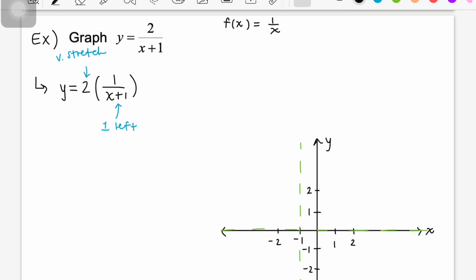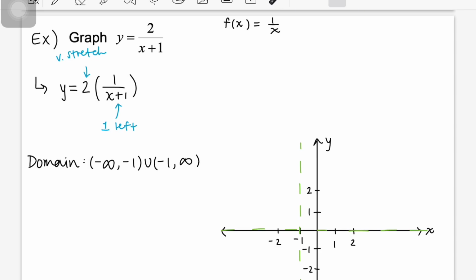But let's write down some information about this. We know that our domain is going to be all real numbers except for x is equal to negative 1, right? Because if x is equal to negative 1 here, this will be 1 over 0, and we can't divide by 0. That'll make this undefined. So we know our domain is going to be all real numbers except for negative 1.